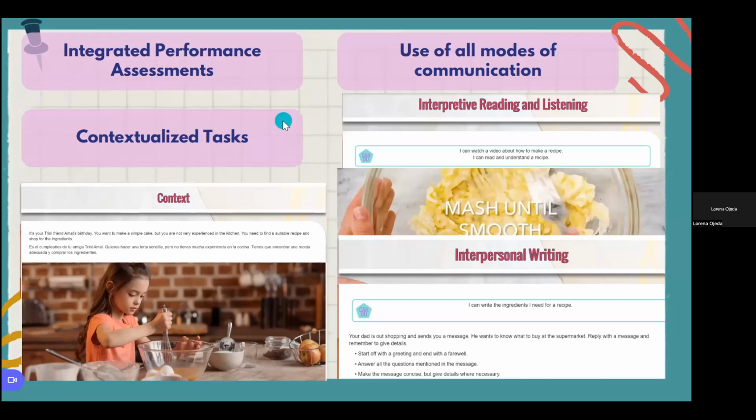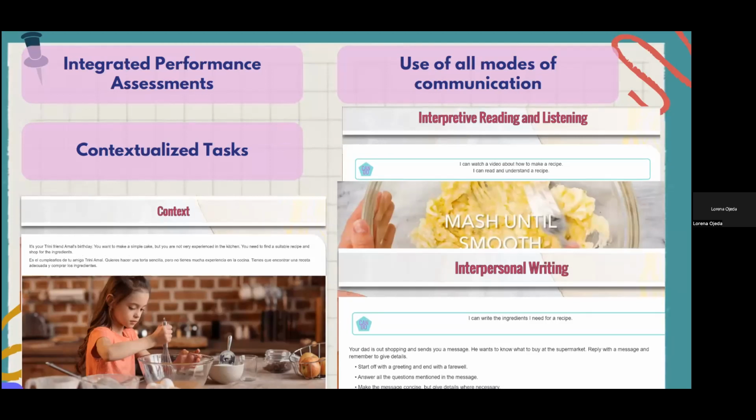Now I'm going to jump into what is called integrated performance assessment. What we have here is different modes of communication. So there is this new trend, let's say, at least in the US.